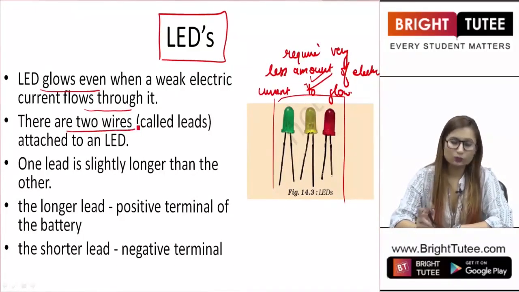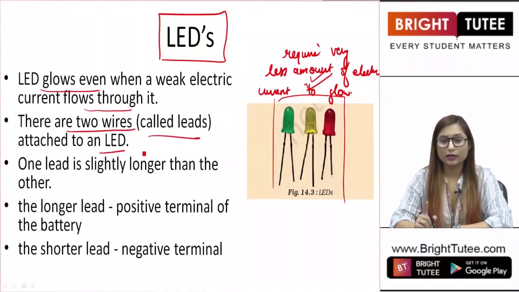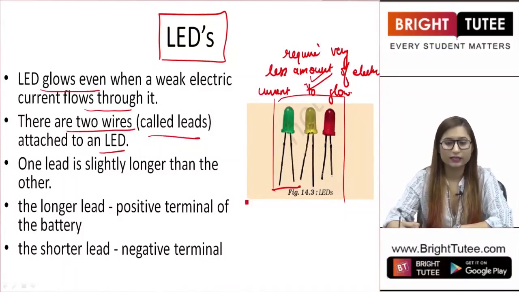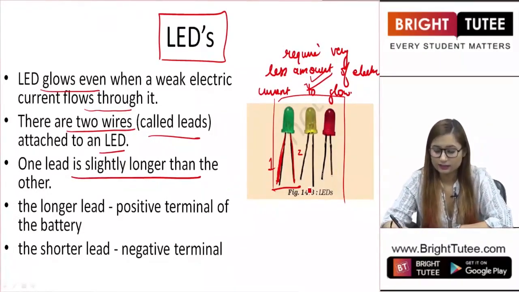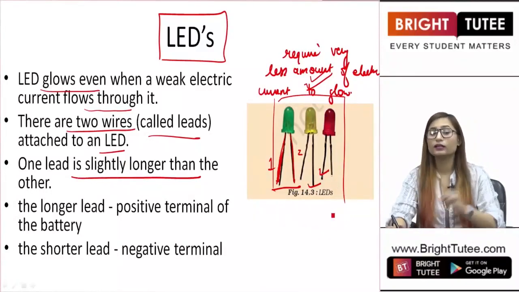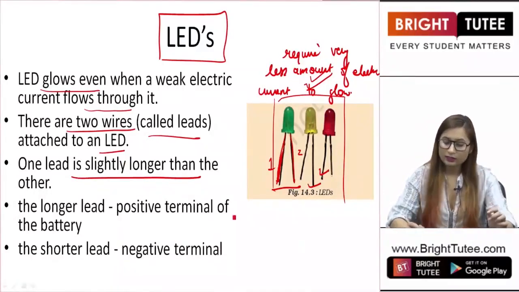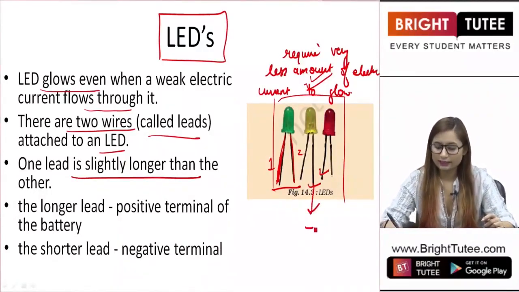Now students, there are two wires attached to an LED. As you can see, this is one LED and there are wires 1 and 2 attached to it, right students? One wire is slightly longer than the other. As you can see, this one is longer. The longer wire of the LED is connected to the positive terminal and the shorter wire is connected to the negative terminal, right?